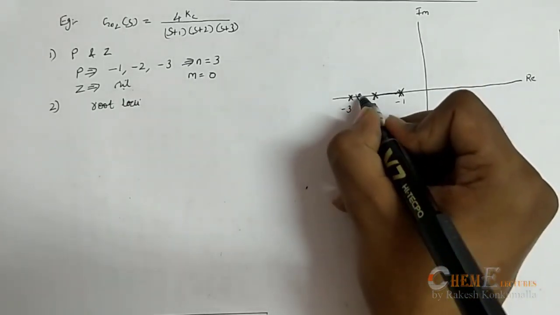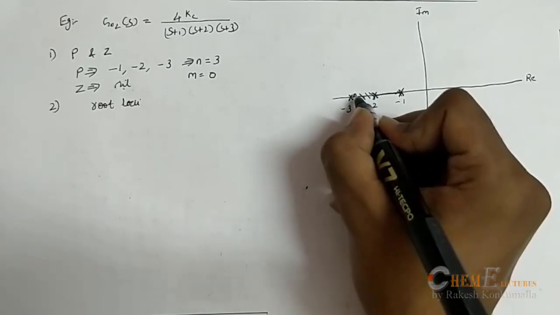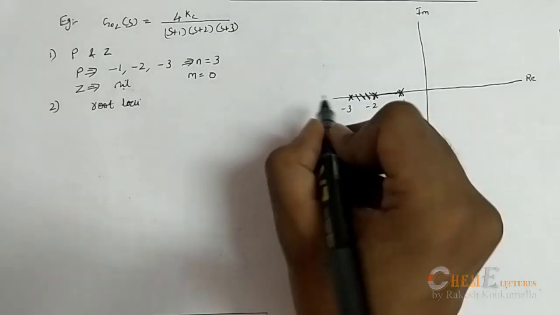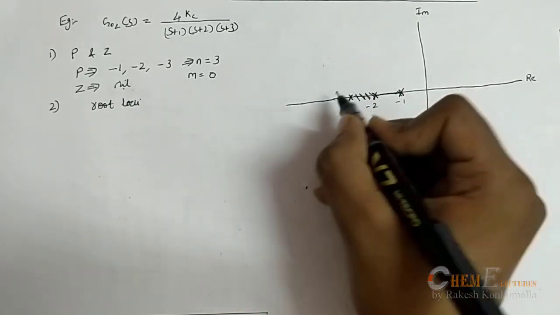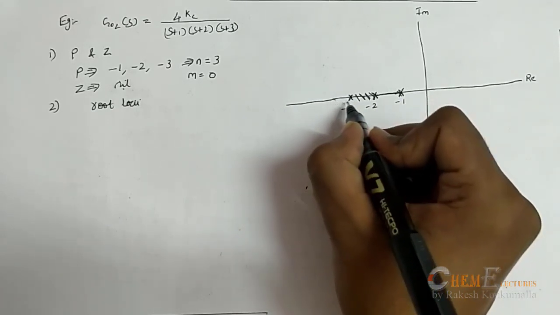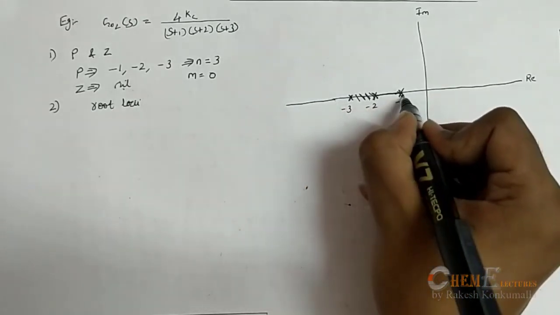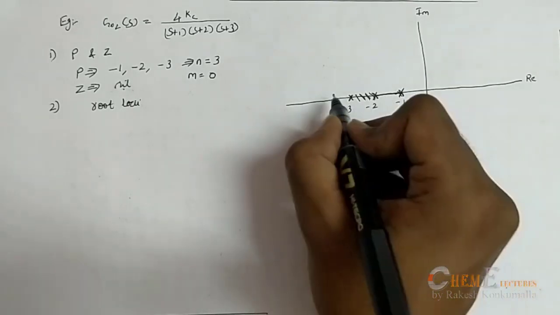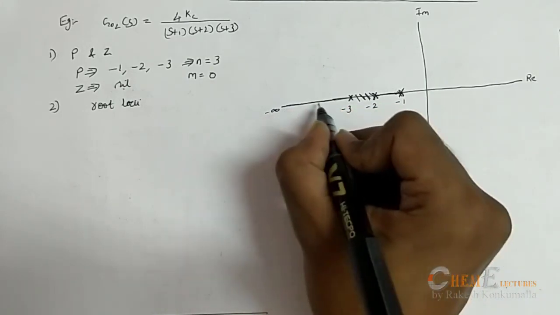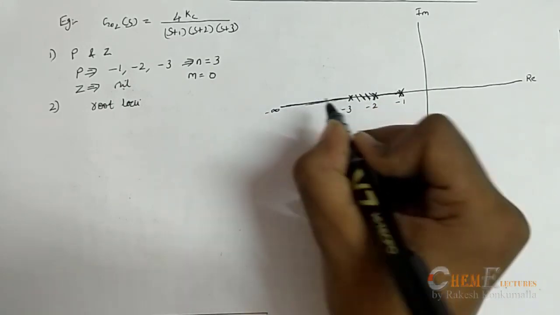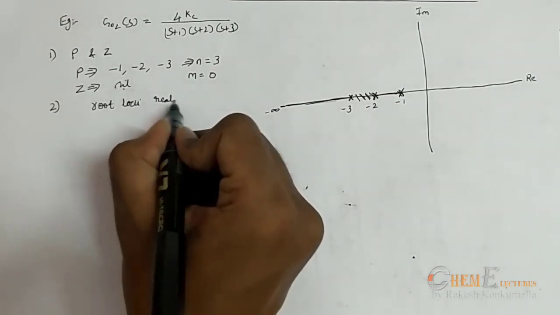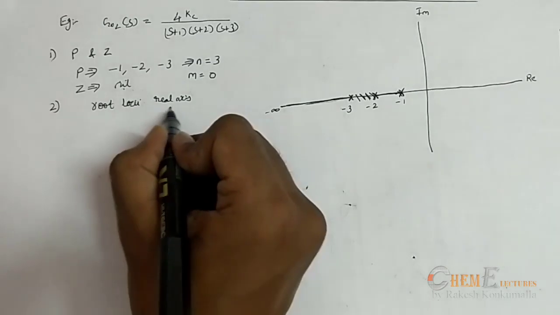Then this doesn't come under root loci, so I made a dashed representation. Now coming to a test point after this pole, I can see towards the right side a total of 3 poles, which is an odd number. That means from -3 to infinity, the root locus exists. On the real axis, I have found the root loci. My step 2 is completed.